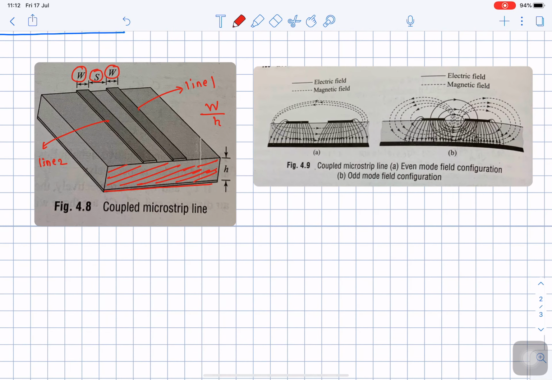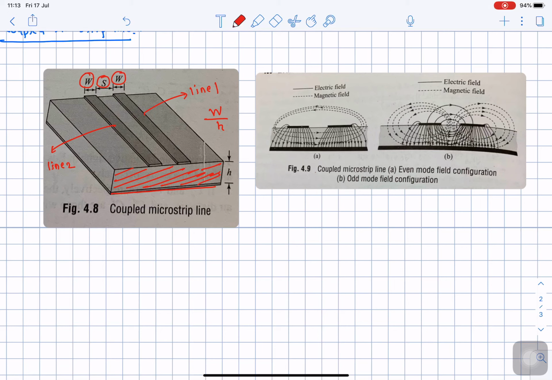This mutual interference we are going to use for different operations like filtering, coupling, and so on. So this is the specialty of the coupled microstrip transmission line. It is similar to the microstrip transmission line, only the thing is multiple microstrip transmission lines are printed by spacing a particular gap, so the construction is the same.